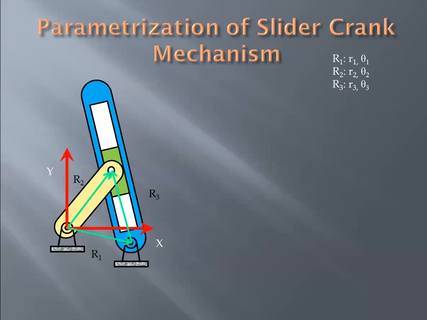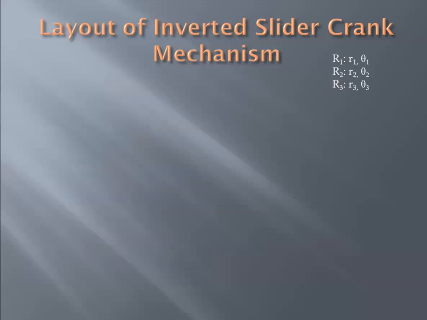Now I wanted to show to the class that if I have these parameters, by that I mean the R's and thetas, how can I assemble this mechanism, or how can I lay out these links on a piece of paper. First, I need a coordinate system. Once I choose the coordinate system, then I can put the first fixed pivot at the origin of this coordinate system.